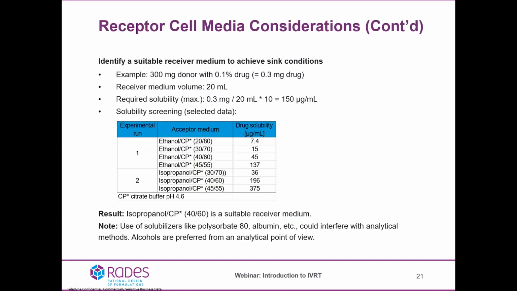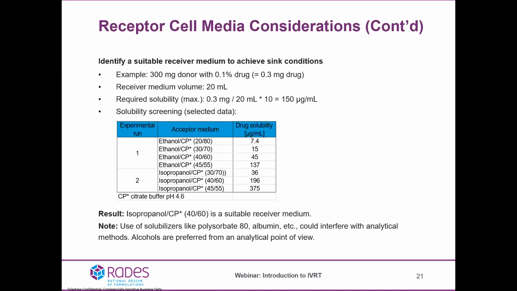This slide demonstrates a practical example from our lab, how to calculate the required solubility. Assuming a typical application of 300 milligram formulation with 0.1% API. This means a total amount of 300 microgram API are applied.